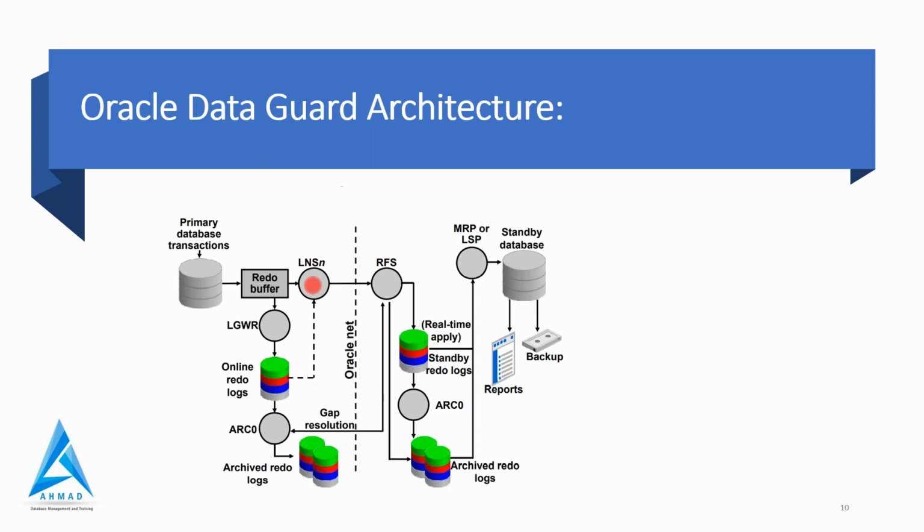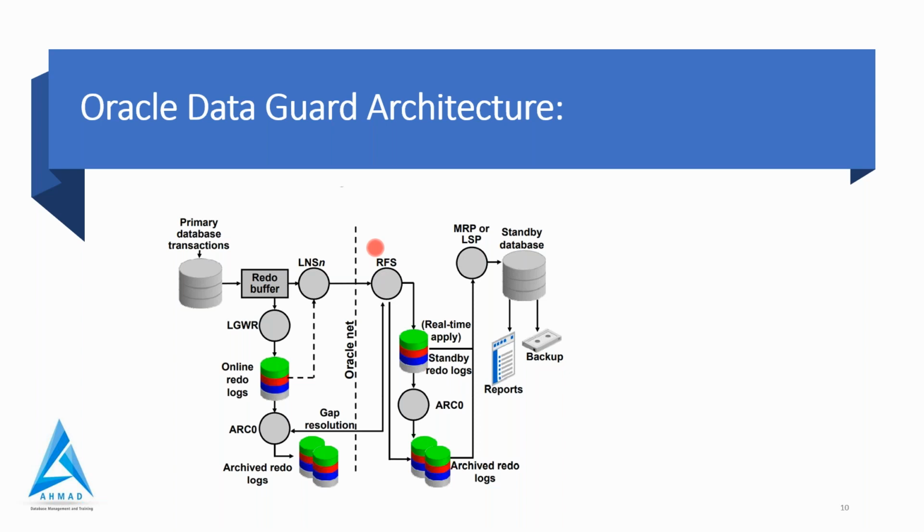Then you are seeing the LNSn process, then you have the network link, and then you have RFS, then standby redo logs, then archiver, then archive redo logs, then MRP or LSP, then the standby database. Okay, so these are the components in your Data Guard architecture.